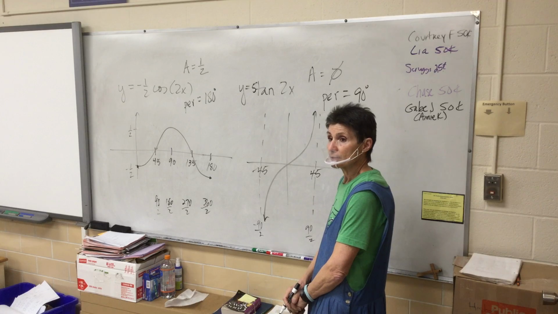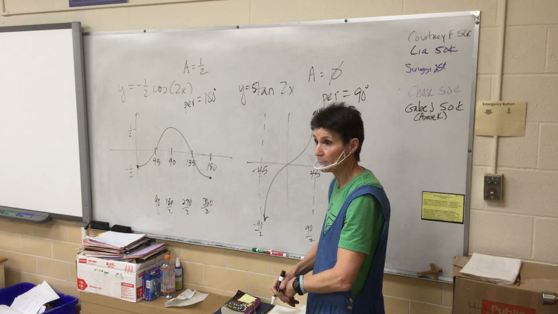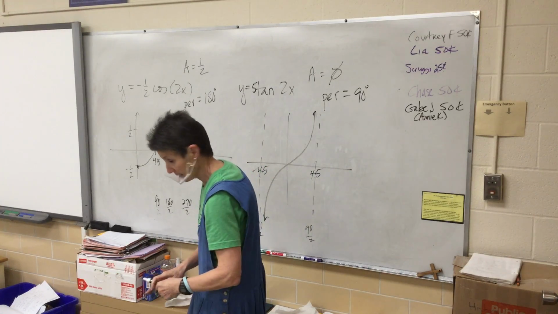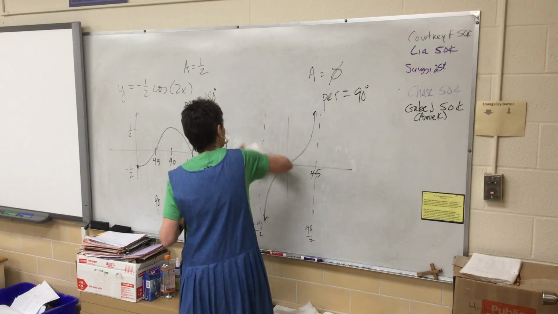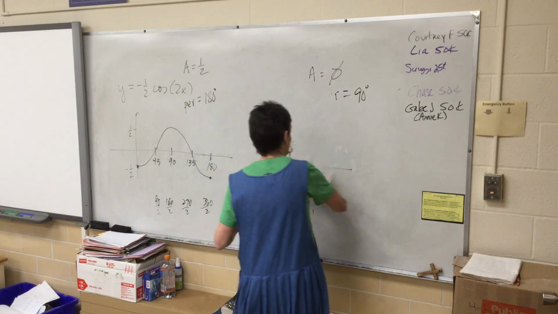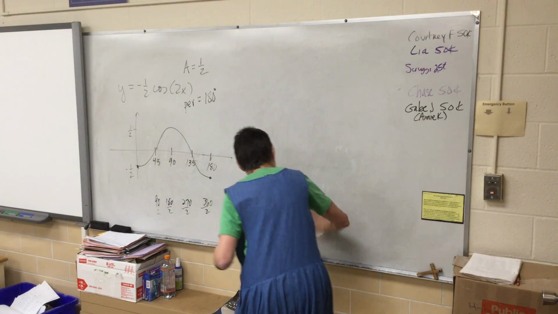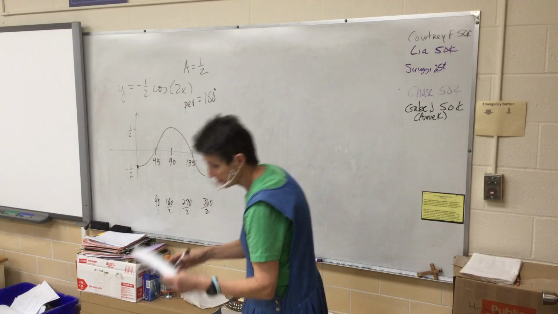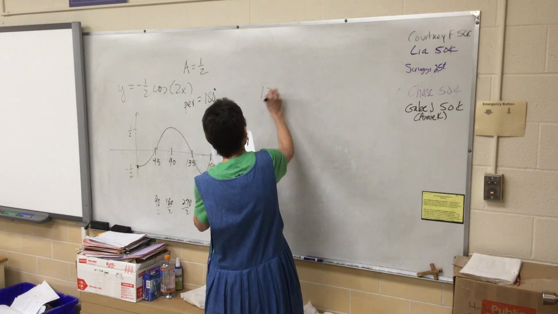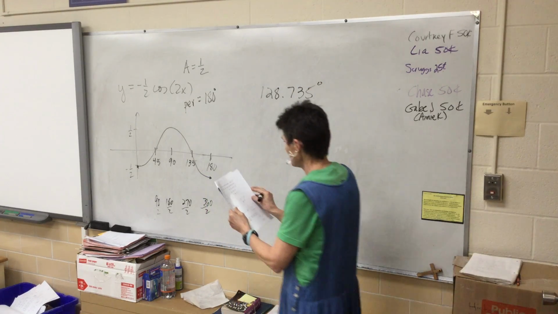Okay, so on Tuesday at this point, you'll turn in that paper, and I'll hand you another paper, and you'll get out your big calculator. And we'll start pressing buttons. So, 128.735 degrees. Am I on the right page? I think I am.